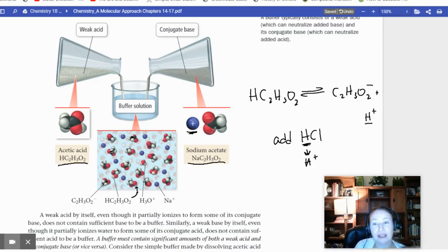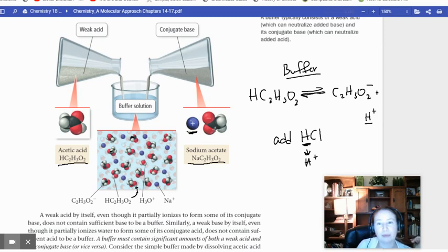To get rid of the H plus that I just added, some of that H plus is going to attach to the acetate that's floating around and turn back. It's going to shift towards this reactant. It's going to shift to the left, and it therefore removes the added H plus that I just put in there. Okay, there is going to be a little bit more than there was before, but it's going to shift in a way to reduce that amount and increase the other side until I reach an equilibrium again. Okay, so that is my buffered system.